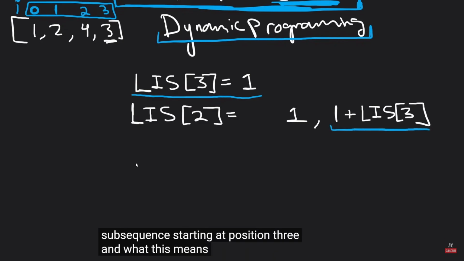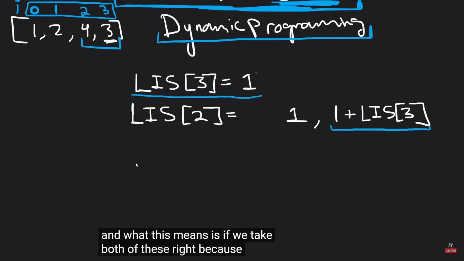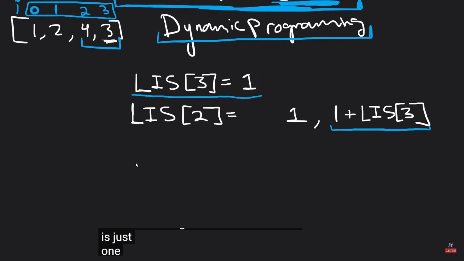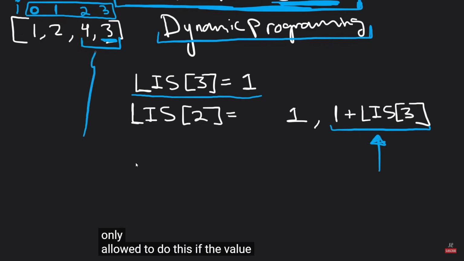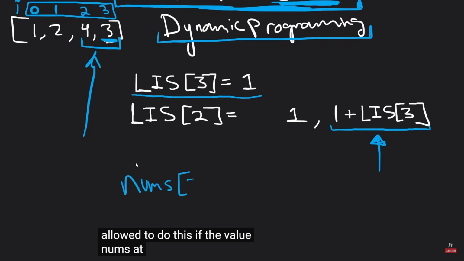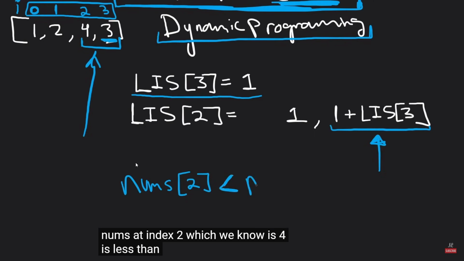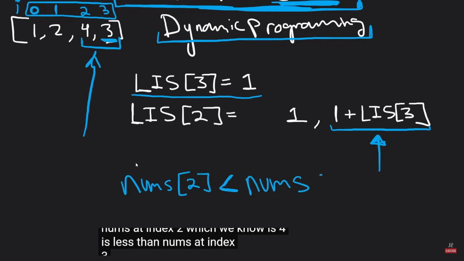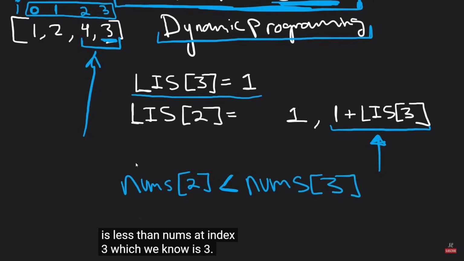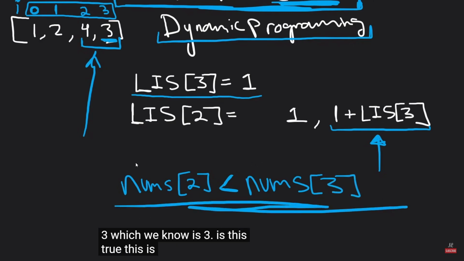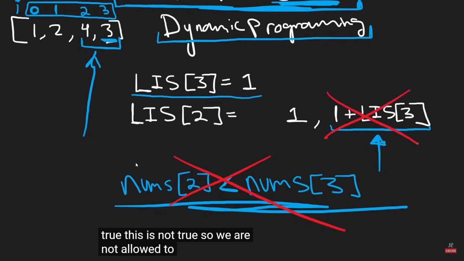And what this means is if we take both of these, because LIS of 3 is just 1, so 3 by itself. But we're only allowed to do this if the value nums at index 2, which we know is 4, is less than nums at index 3, which we know is 3. Is this true? This is not true. So we are not allowed to do this.